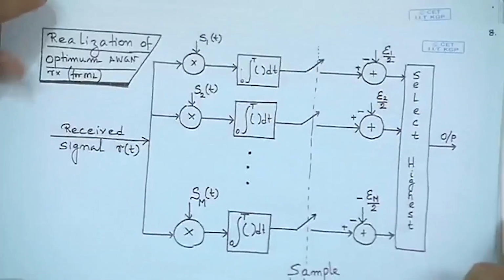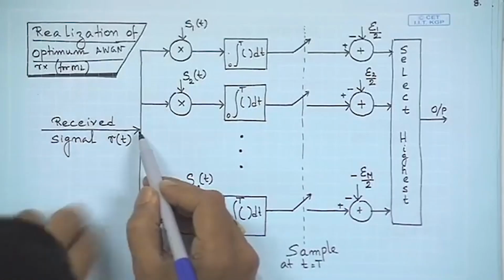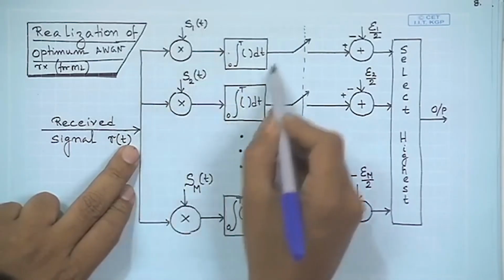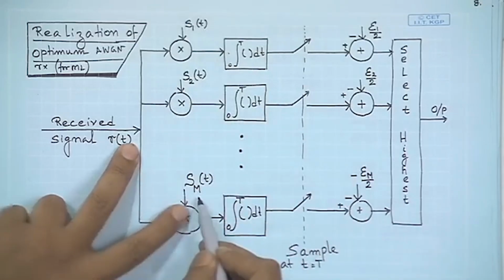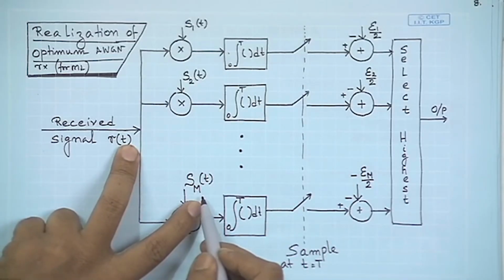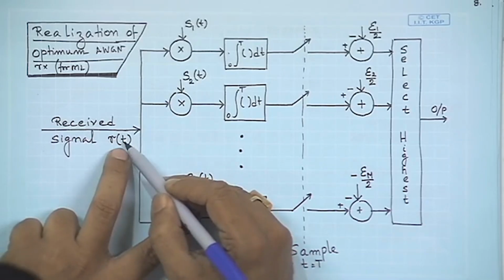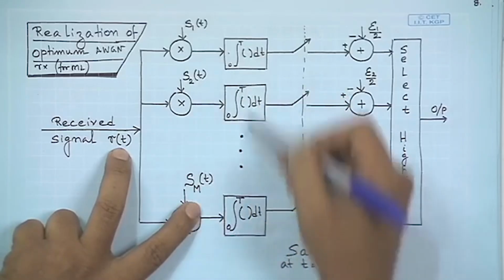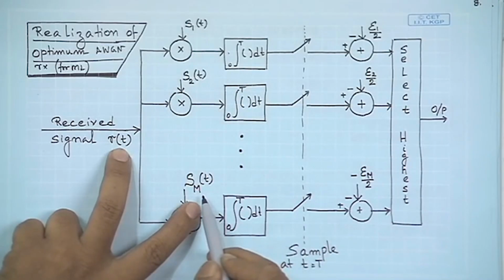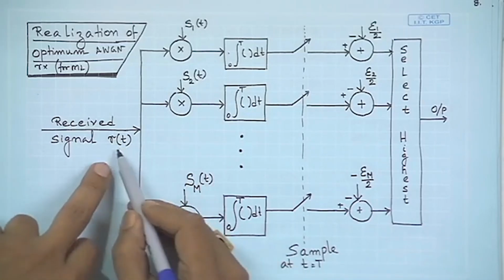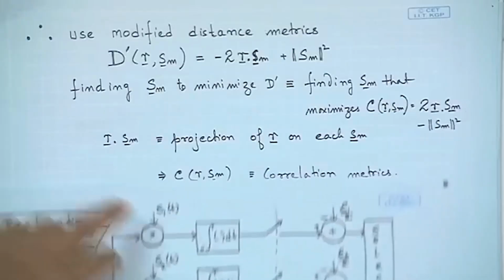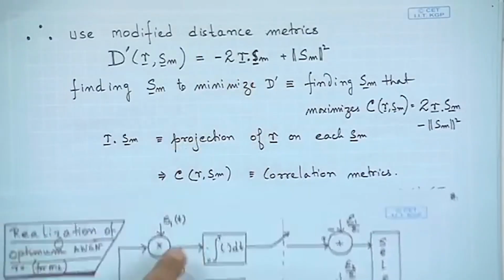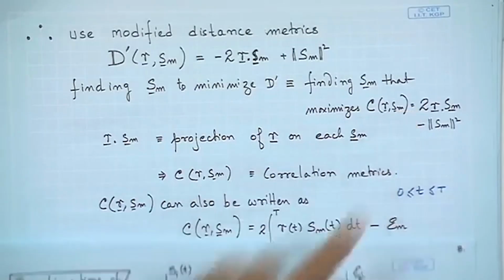So, we could represent this diagrammatically in the form that the received signal gets correlated with all the different Sm, right, the M possible signals. You may note this may be a bit confusing compared with what we studied before, where we took projection of r on the different dimensions of the signal. Here we are projecting on the different signals themselves directly. So, you could do it in the vector form, or you could do it in the integral form.